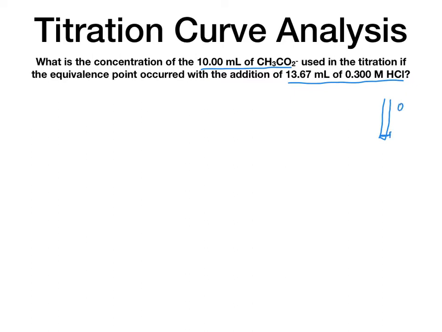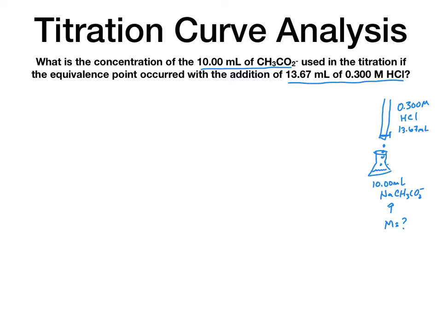We have our burette with 0.300 molar HCl, and we added 13.67 milliliters of the HCl into our flask, and our flask contained 10.00 milliliters of sodium acetate. We know that the sodium ion doesn't do anything, so we can think of this as just the acetate. We want to know the concentration of this 10 milliliters of solution.